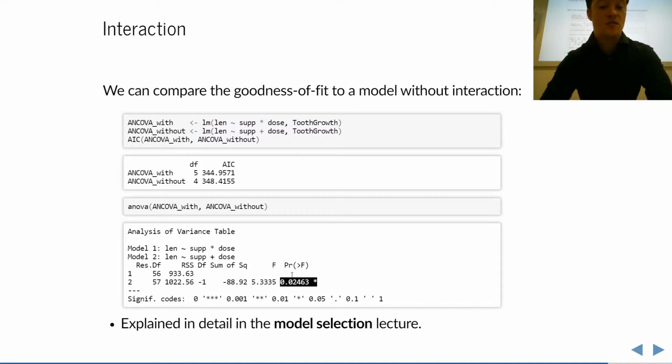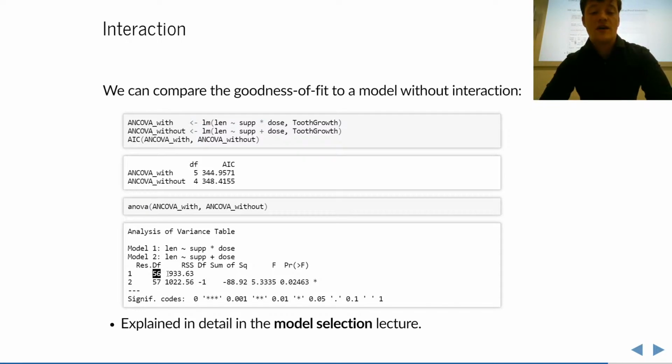Then, which of these is better? Well, this one has lower RSS, residual sum of squares. And of course we want to have as little residual sum of squares left as possible, because then we have the most variance explained. But at the same time, we don't want to use too many parameters, because having fewer degrees of freedom left will mean that we have worse parameter estimates.